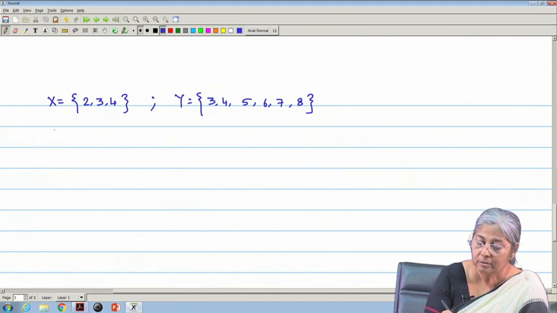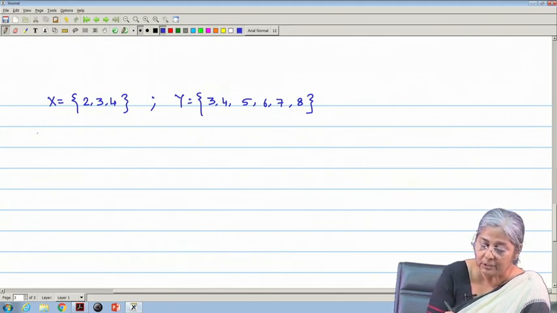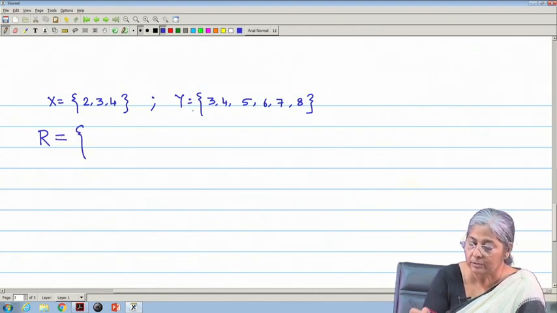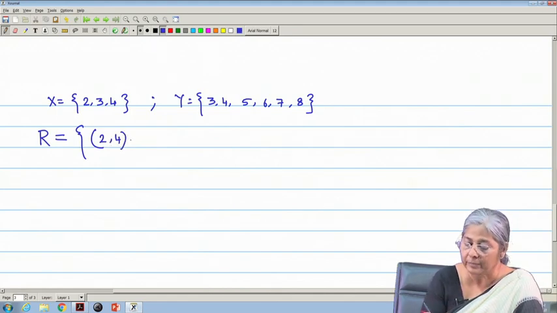So, what will be the relation R? R, as we have defined, is a subset of the Cartesian product. So, (2, 3): 2 does not divide 3, but 2 divides 4. So, (2, 4) is one pair. Then (2, 6), then (2, 8).